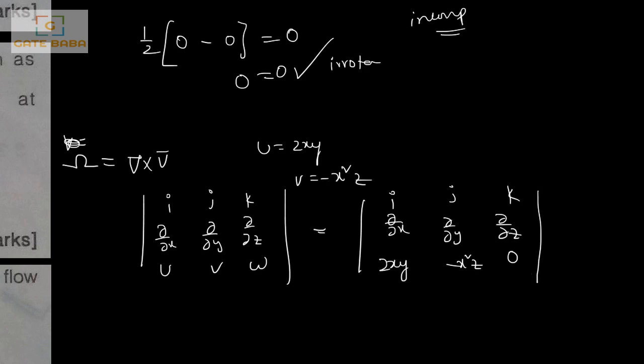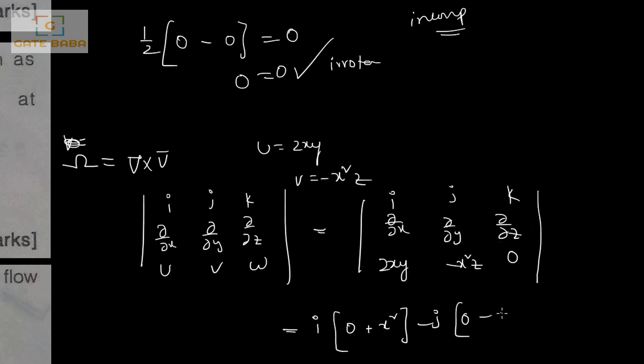So you have to find the curl. So i into this multiplied by this, it is 0, ad minus bc. So plus x square, dou of x square z means x square only, x square. Minus j bar of, this will cancel and you have to find 0, ad minus bc.